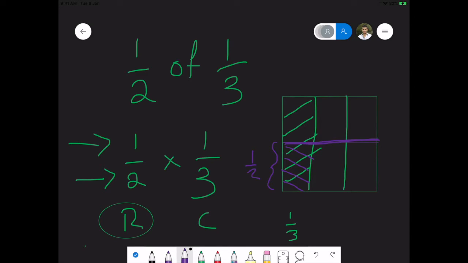If I look carefully now in my array, I have 6 pieces because this is a 2 by 3 array. I have 2 rows and 3 columns. Okay, so what would be a half of a third?